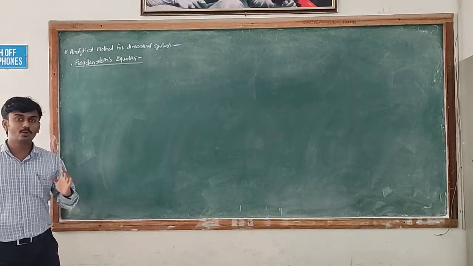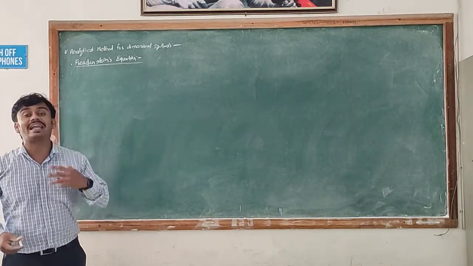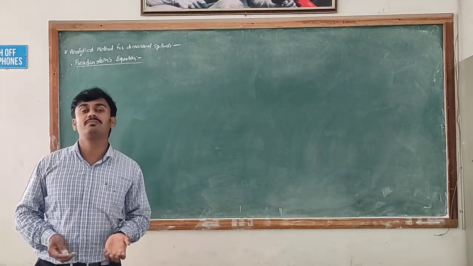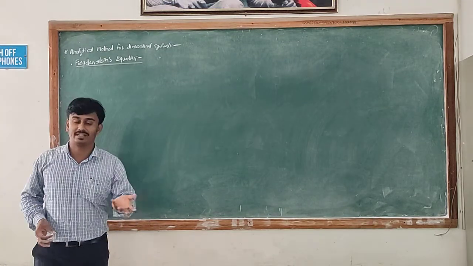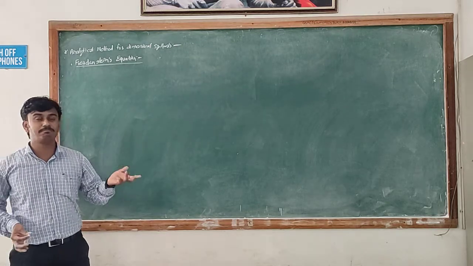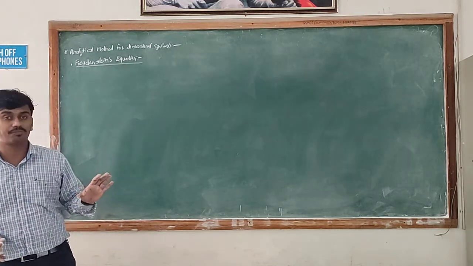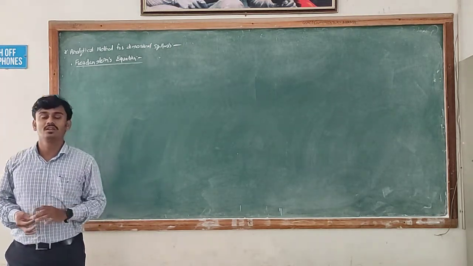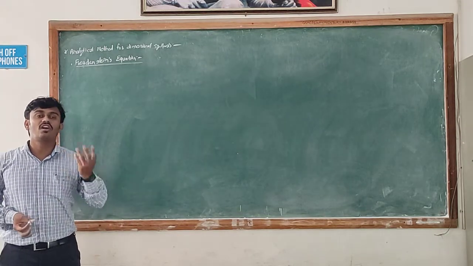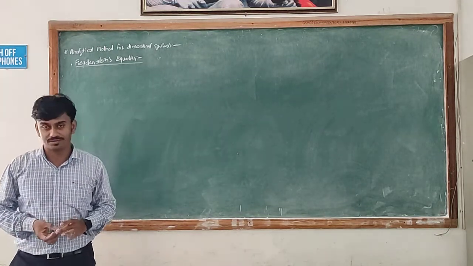Now in today's session we will discuss the analytical method. In the graphical method we need to draw diagrams, or we require pencil and paper. But in the analytical method we solve it using equations.